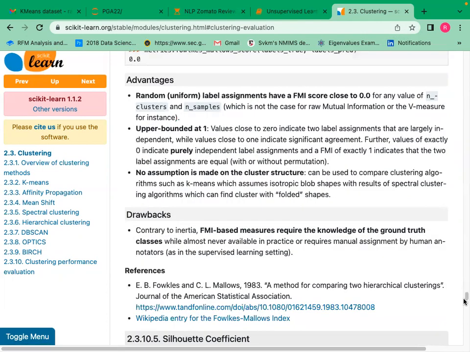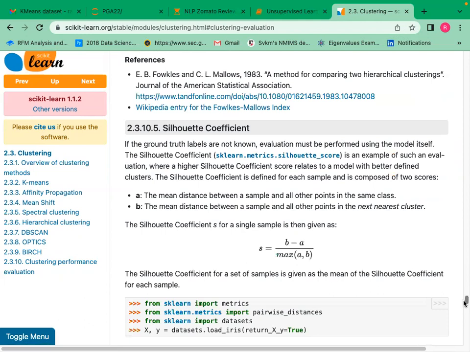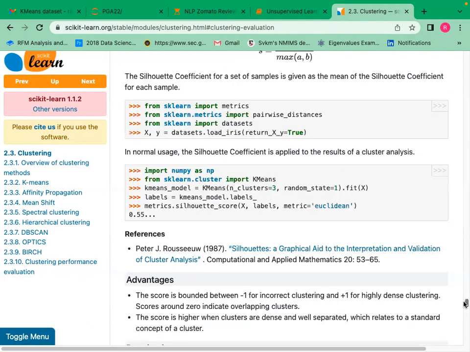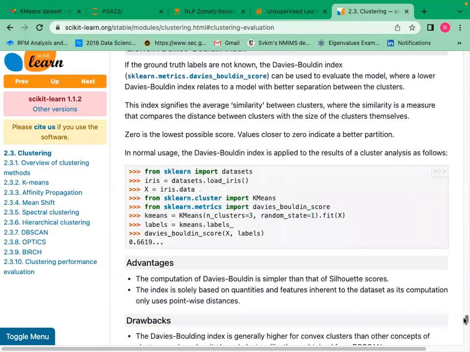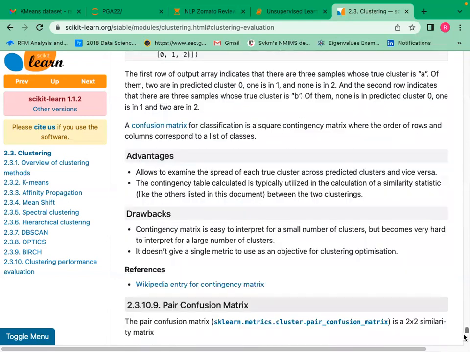Silhouette coefficient. Calinski-Harabasz, etc. So they added a lot of things. Contingency matrix.